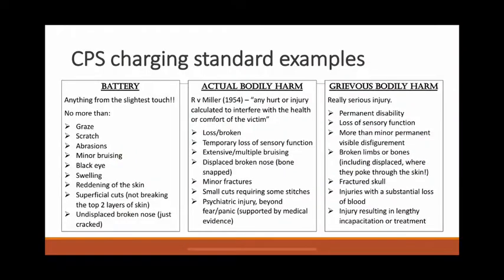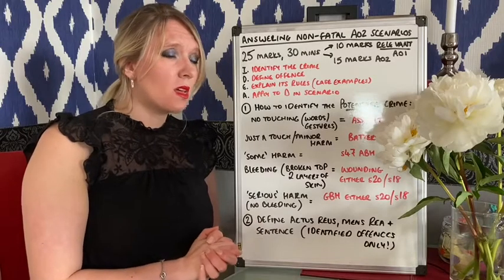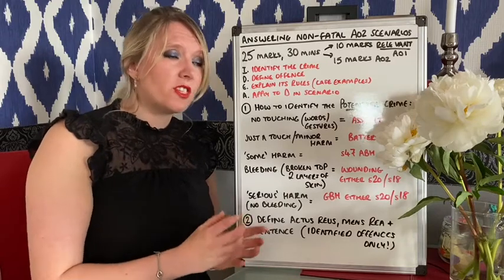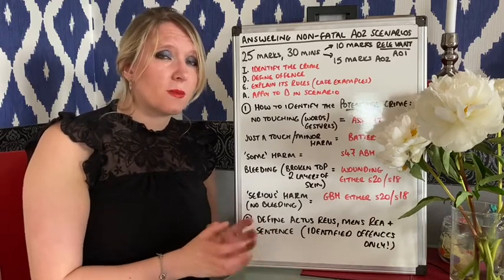The CPS charging standards give some guidance when it comes to the Crown Prosecution Service prosecuting real life defendants, and can provide a guide for help in the exam. In the exam, often there are maybe a few different offences the person could be charged with.